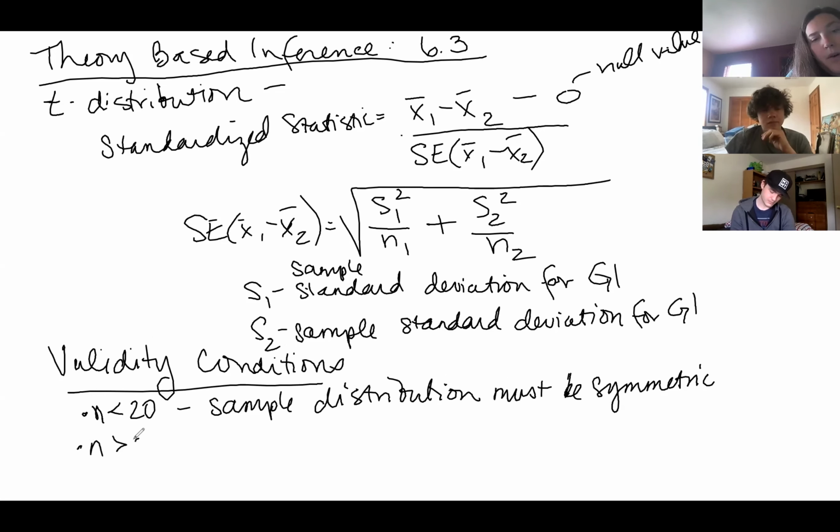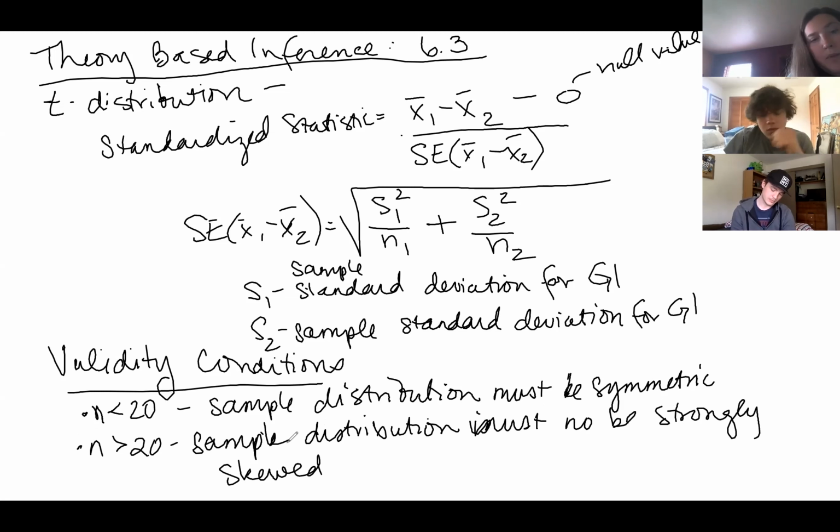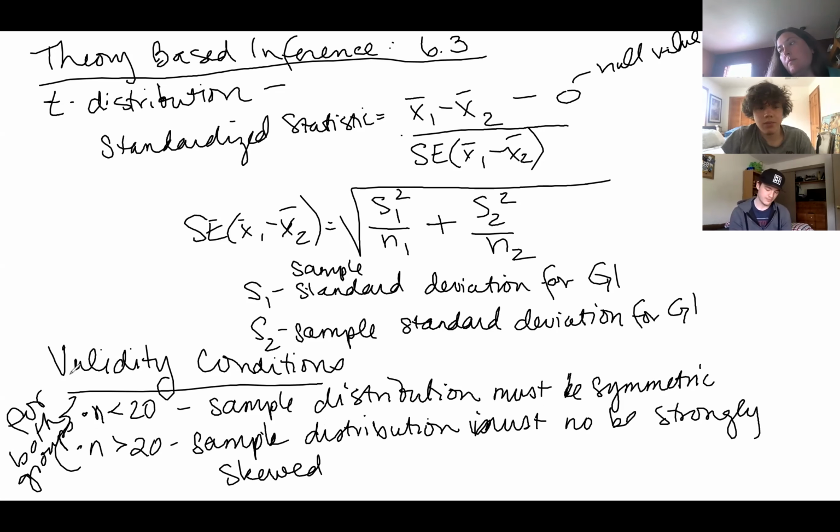If the sample size is greater than 20, then the sample distribution cannot be strongly skewed. And this has to be true for both groups.